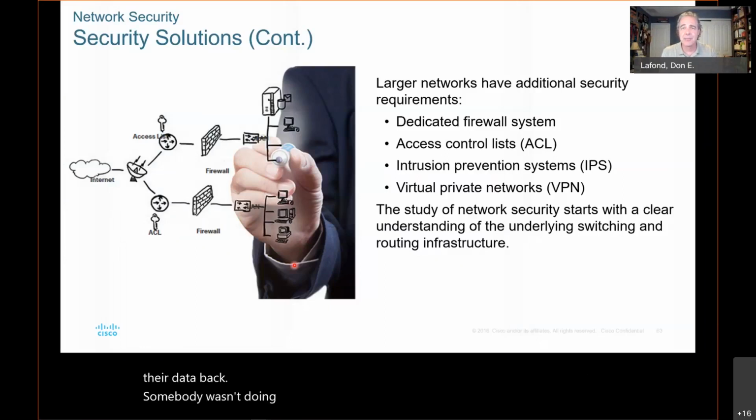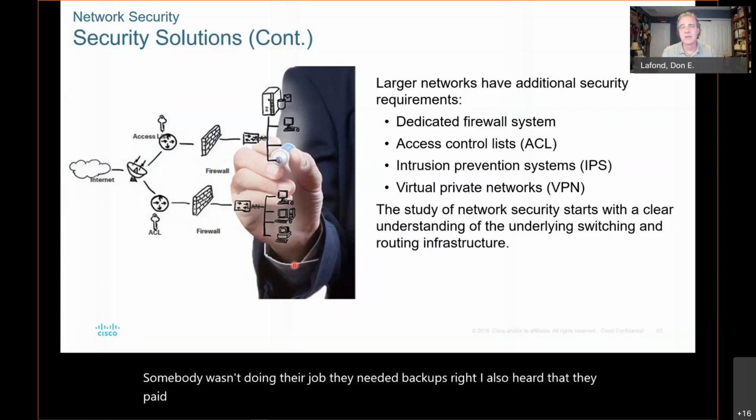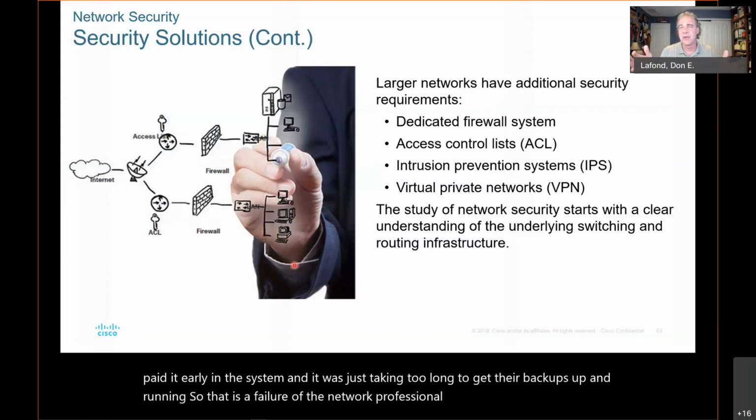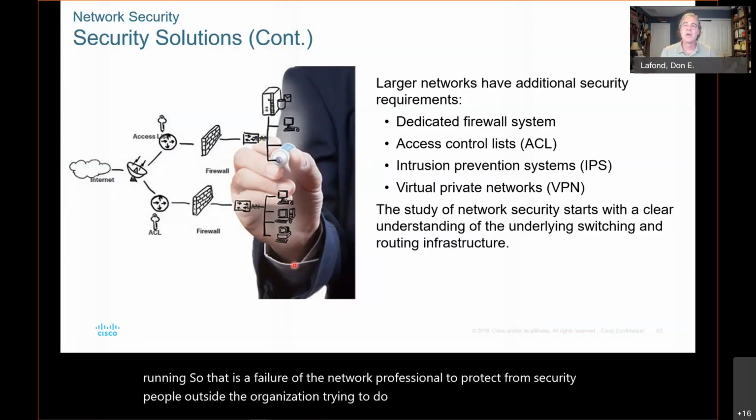They needed backups, right? I also heard that they paid it early, because it was taking too long to get their backups up and running. So that is a failure of the network professional to protect from security threats, people outside the organization trying to do something bad. And it also hurt the financing of the company.